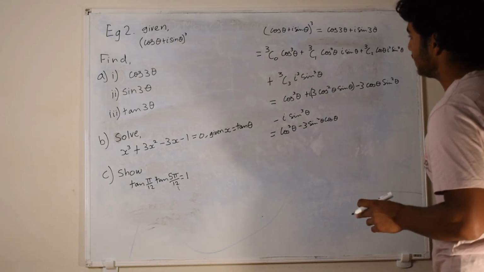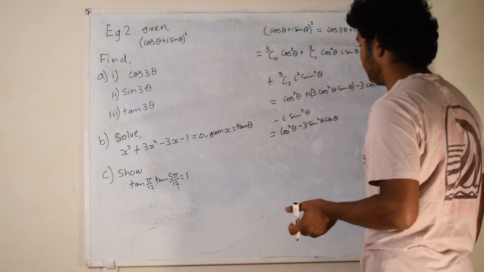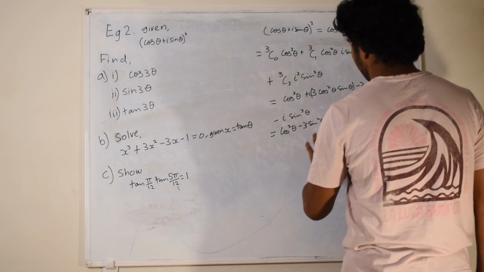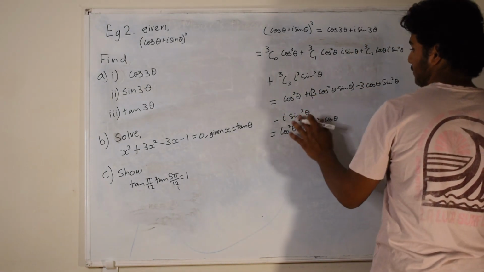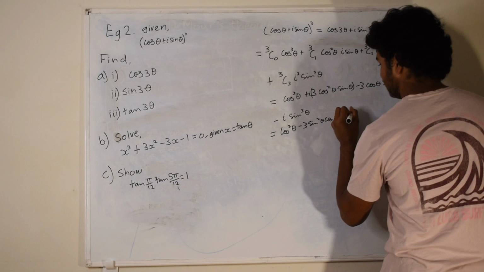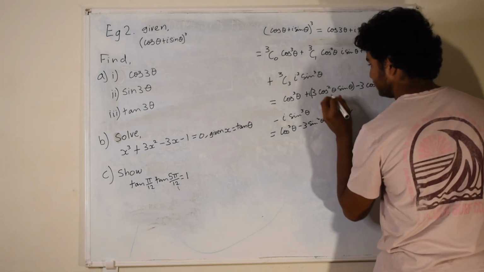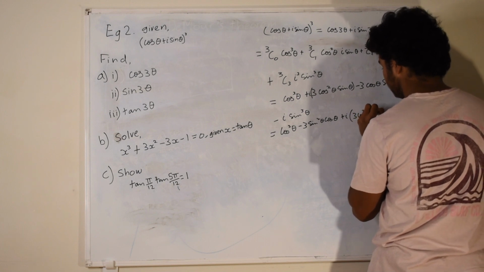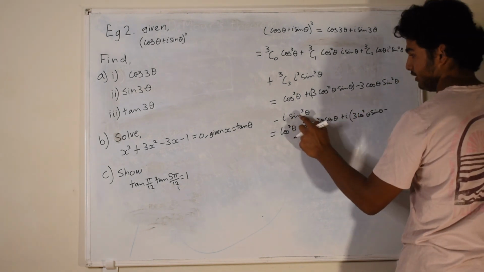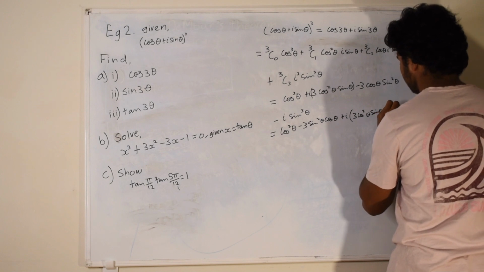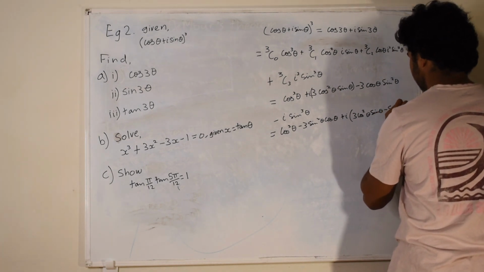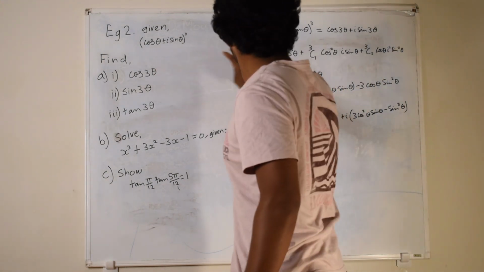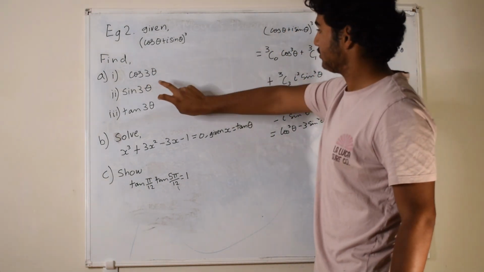I squared is negative 1 multiplied by i, which is negative i, so negative i sin cubed theta. So we can factor out i and put the negative, so this becomes plus i(3 cos squared theta sin theta minus sin cubed theta). So that's your answer with the expansion, but from here we can easily solve cos 3 theta and sin 3 theta.